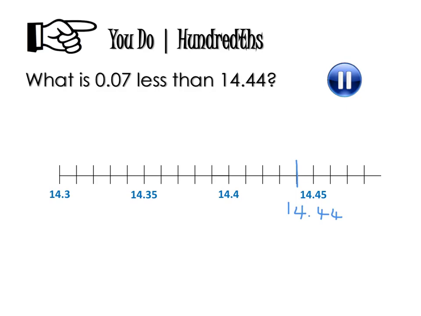So I need to move 7 places down. 1, 2, 3, 4, 5, 6, 7 places down. And that would be 14.37, because if this is 14.35, this is 14.36, this will be 14.37. So 0.07 less than 14.44 is 14.37.